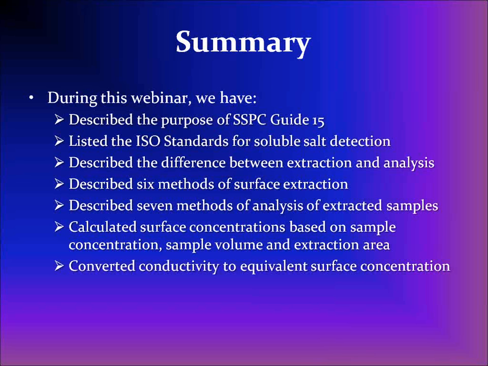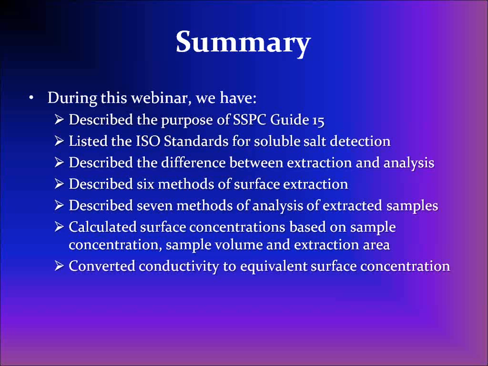So in summary, we have described the purpose of SSPC's Guide 15. We've listed 6 parts to the ISO standard addressing soluble salt extraction and analysis procedures. We've described the difference between sample extraction and sample analysis. We've described 6 different methods for extraction of a sample and 7 different methods for analysis of the extracted samples.